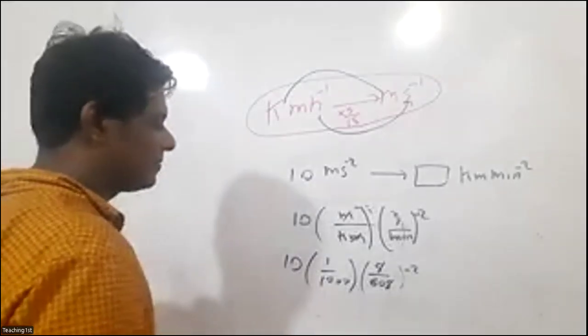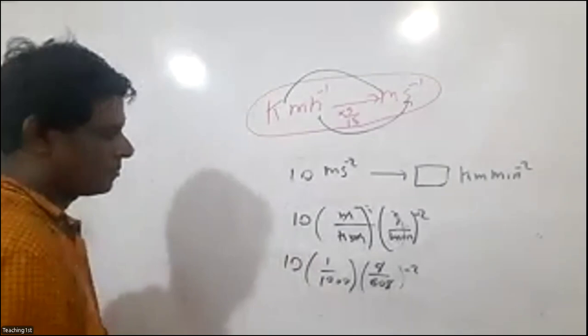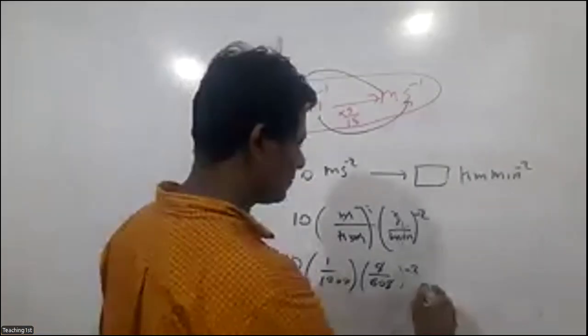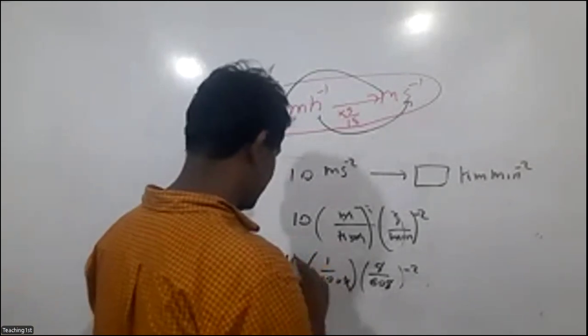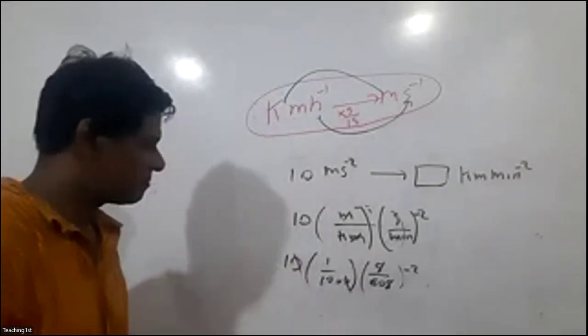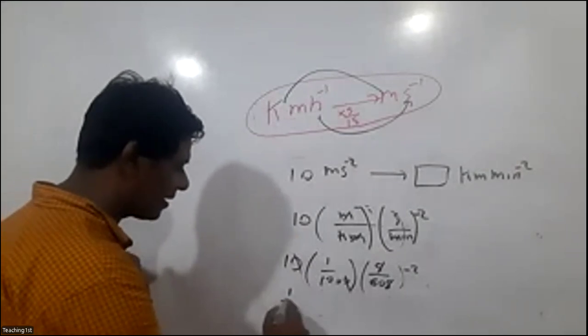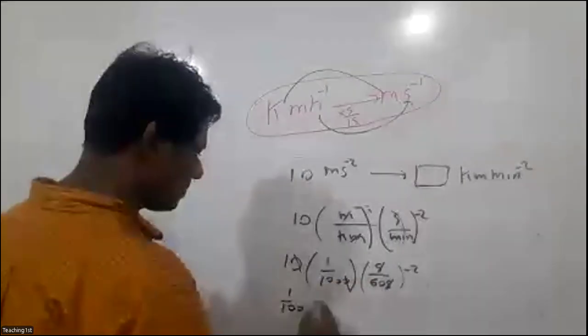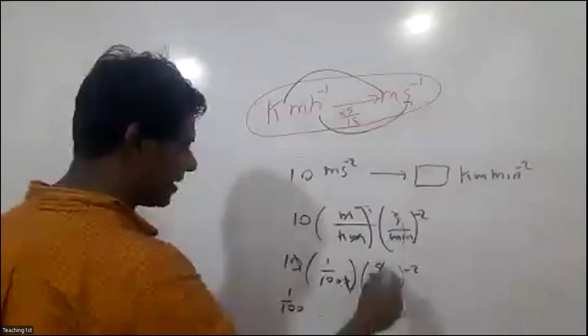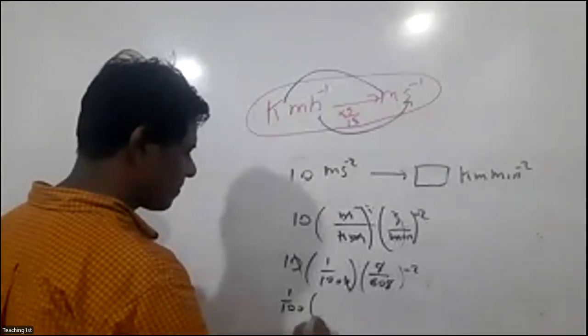So what I'm going to do is, now here 10 cancel off. Here you have 1/100. Here 60 to the power minus 2.